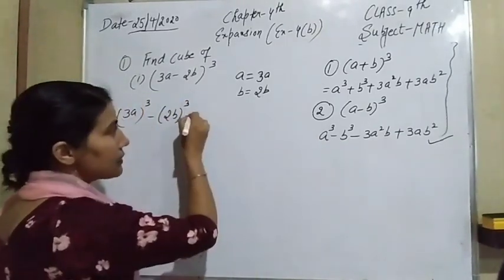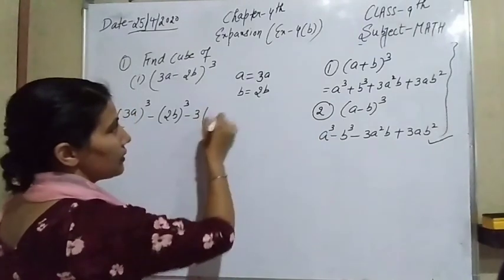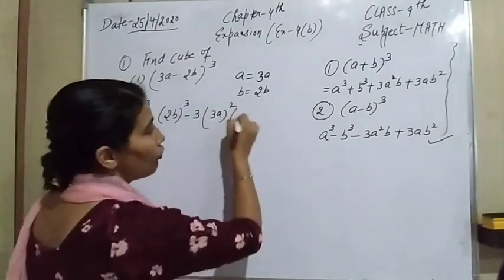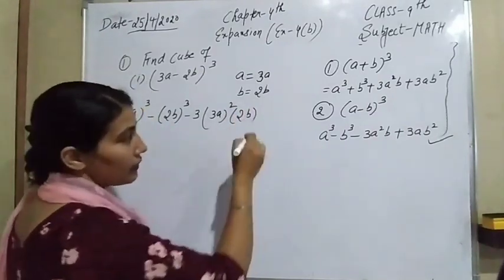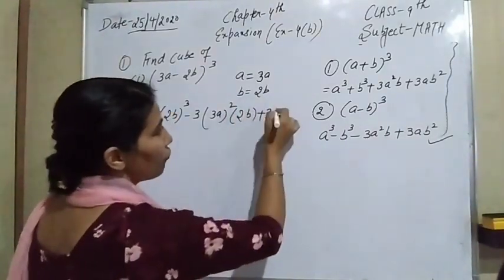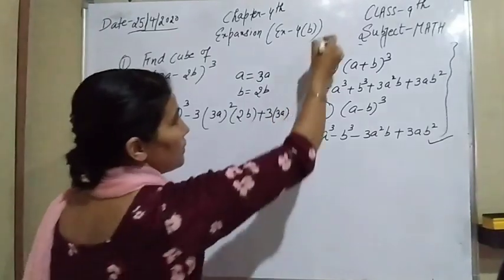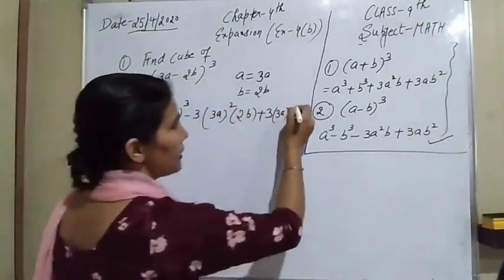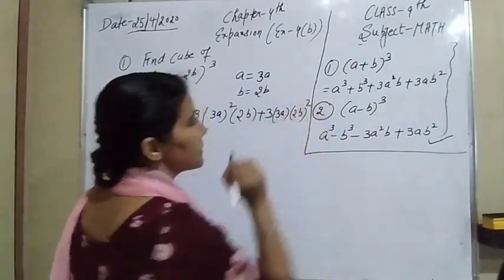After that is minus 3a square b. The value of a is 3a, that means it's squared, into b, the value of b is 2b. After that is plus 3 a, the value of a is 3a, into b square, the value of b is 2b square.